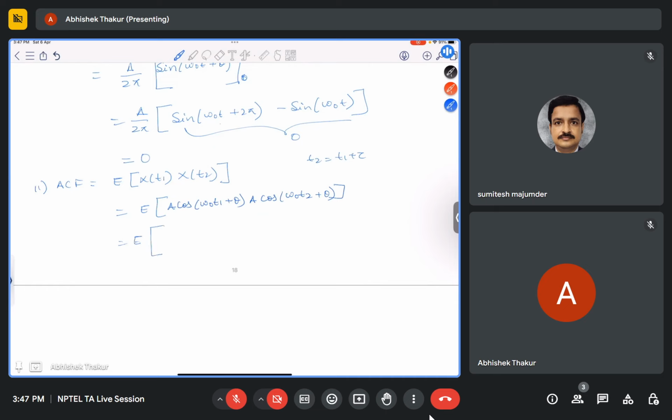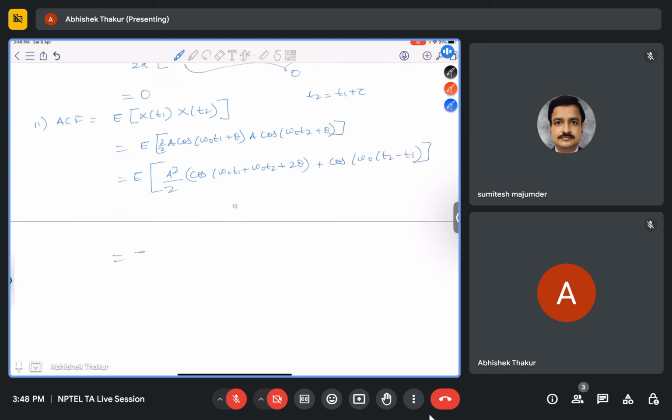Now this is the formula of cos a into cos b. So we get a square, multiplied and divided by 2, since it is 2 cos a cos b. That will become cos(omega naught t1 plus omega naught t2 plus 2 theta) plus cos(omega naught (t2 minus t1)).